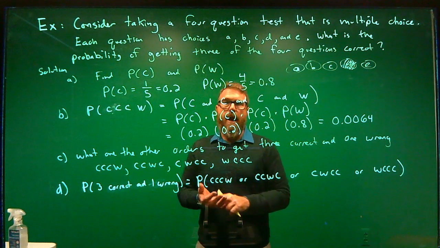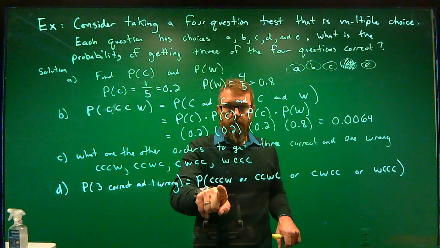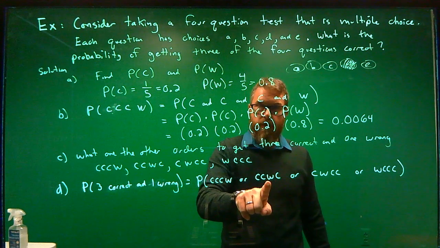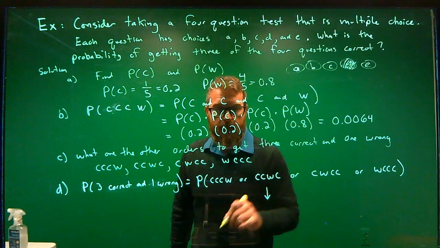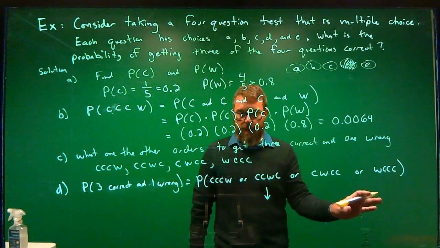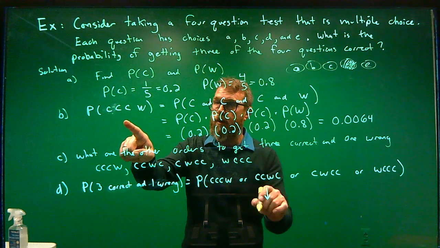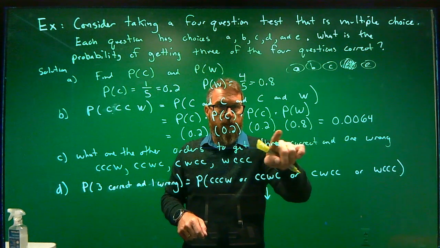Now, if I was going to ask what's the probability of any one of the other ones, I know the probability of this one. We just calculated it. But what if I wanted to find the probability of this one? Let's just do a quick investigation, and then we'll jump to the end. It's the same thing as this except reordered: instead of the wrong being here, the wrong is going to be here.